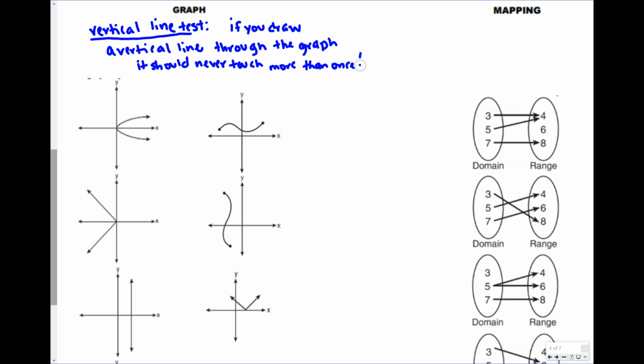Now, this basically means it shouldn't touch more than once for it to be a function. All of these graphs are real and they exist and they're a relationship. Clearly all of these graphs represent a relation, but we're looking for functions.